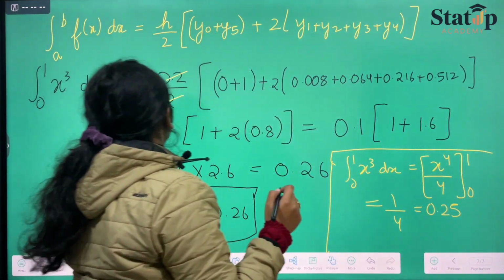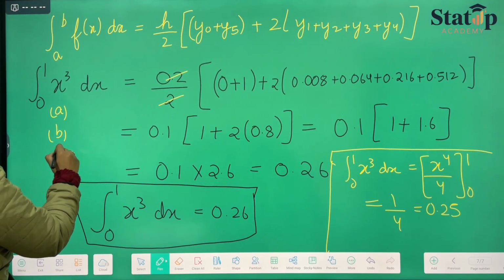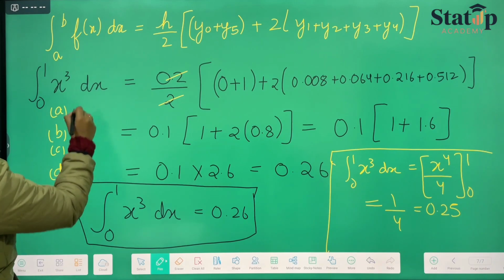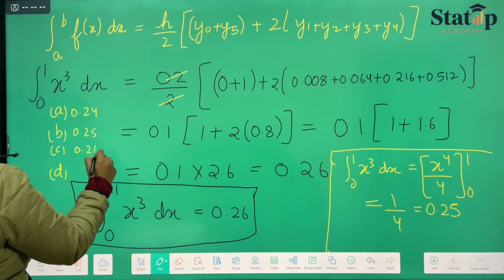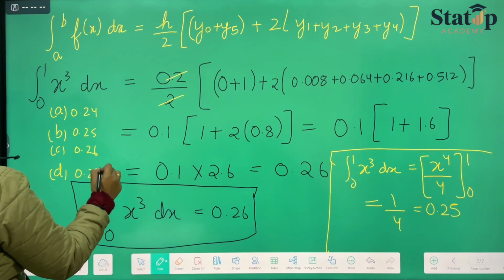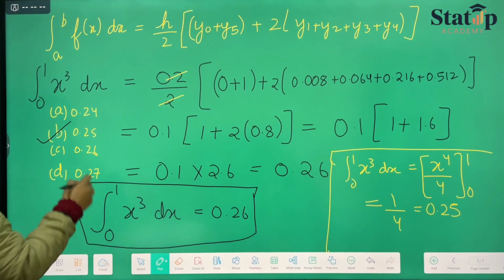And if the examiner gave you options A, B, C, and D, which are 0.24, 0.25, 0.26, 0.27, and you tick this one, it is the wrong answer.